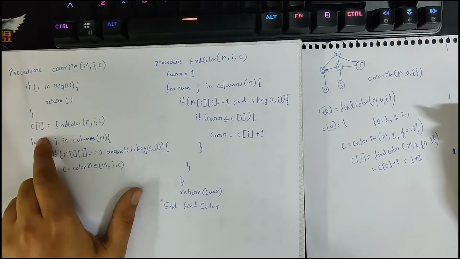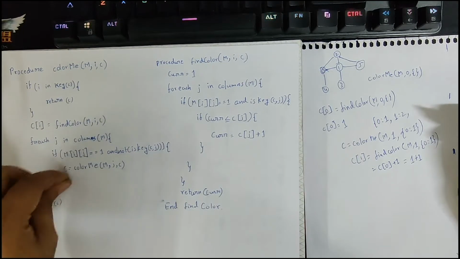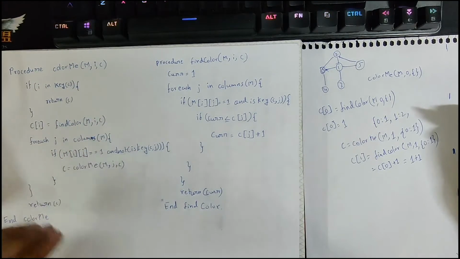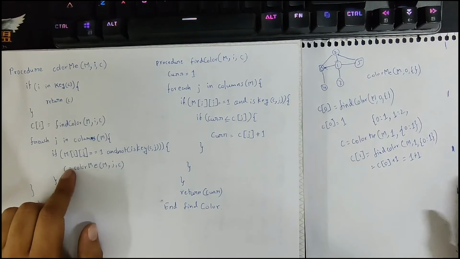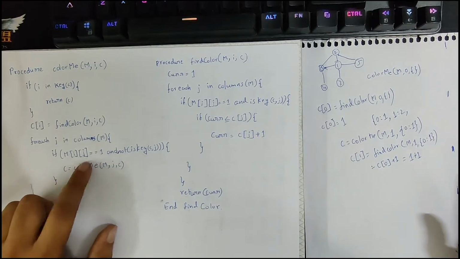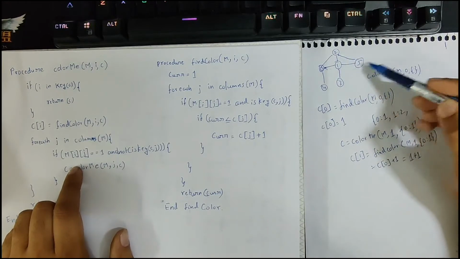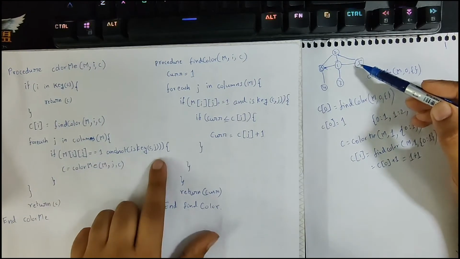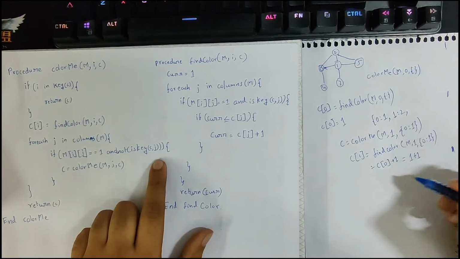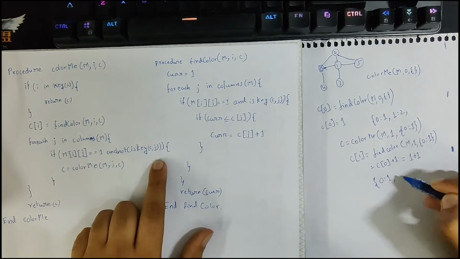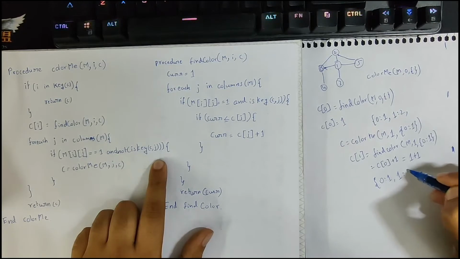Okay, we are still in this second recursion step with i as 1. Now we go further. So within this loop, m of 1 comma j equal to 1, if there is an edge from 1 to certain j and that j is not a key in this dictionary. So now our dictionary has two elements, 0:1 and 1:2.